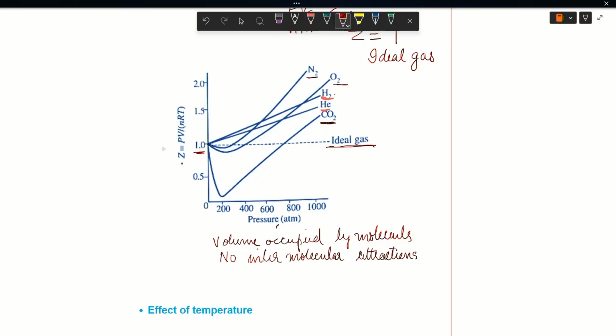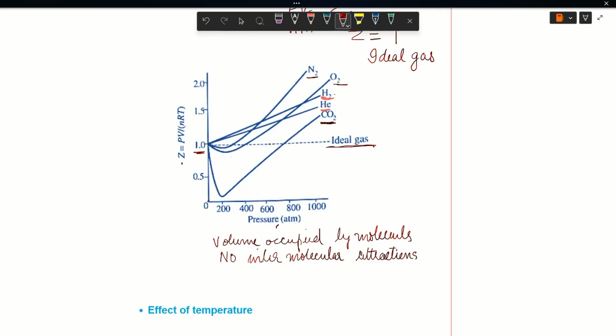So, this is the deviation they show, because they cannot show the value of Z equal to 1. You can see that at very low pressures, when the pressure is almost equal to 0, the gas molecules will be far apart, and in such cases you can neglect the volume, and we can consider there is no intermolecular force of attraction because they are all very far away from each other.